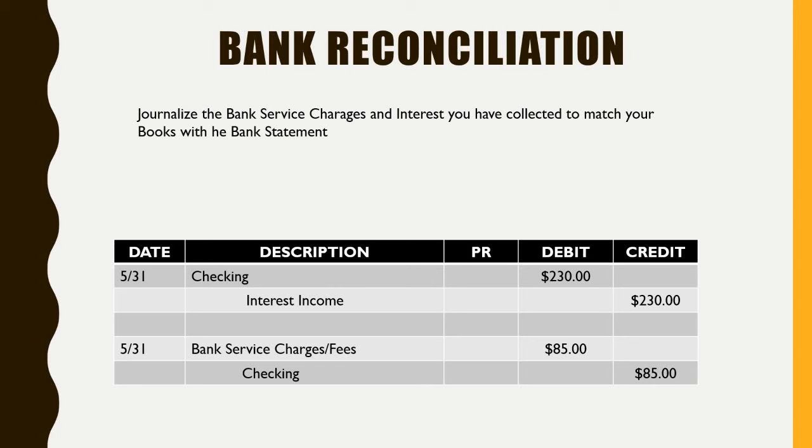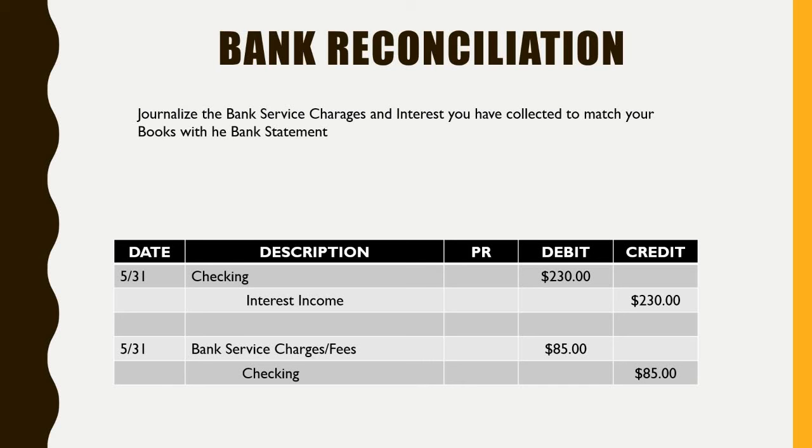So then, how do we journalize this? Because we need to update our ledger accounts by journalizing what has happened. In this case, you're going to add money in because of your interest income, your ACH and your interest, right?